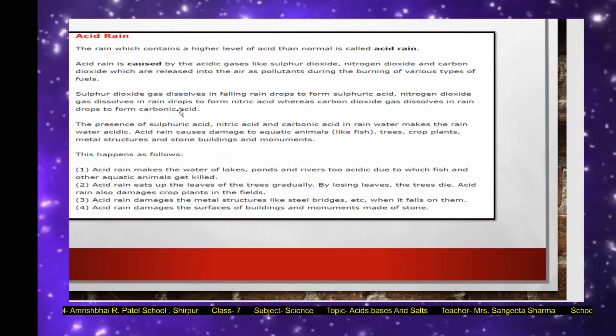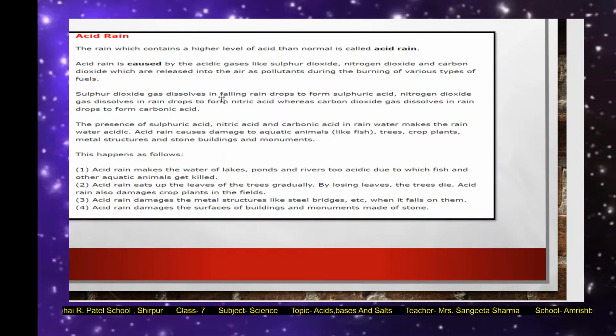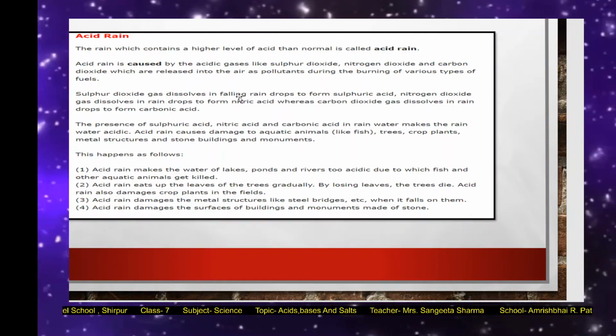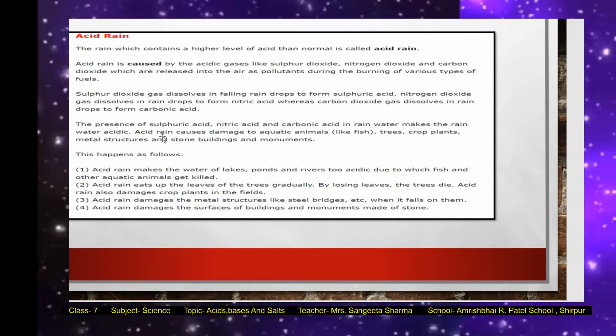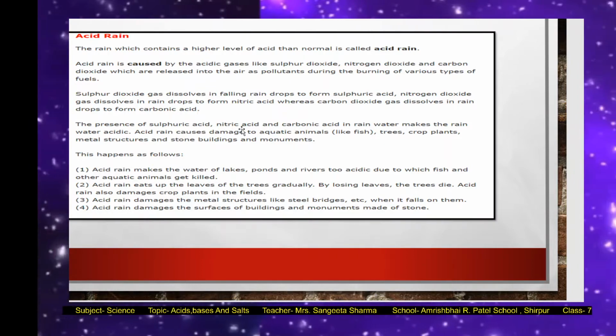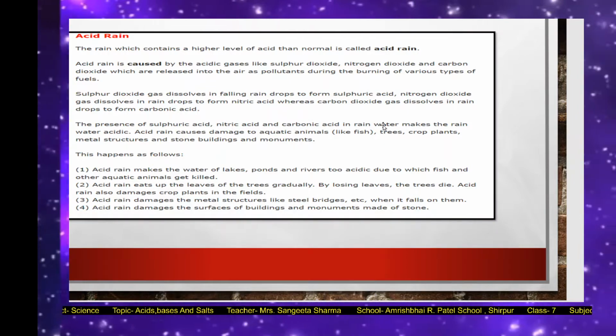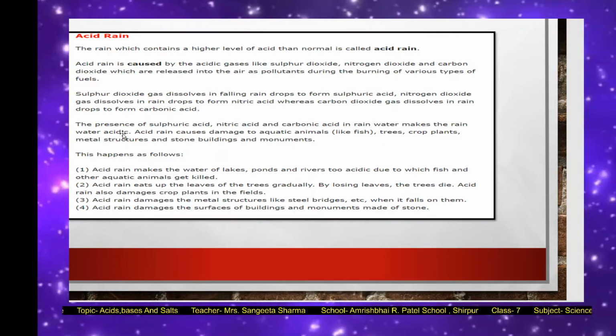So now it is clear that these gases form acids, and these acids come down as rain, and that rain is called acid rain. The presence of sulfuric acid, nitric acid, and carbonic acid in rainwater makes the rainwater acidic.